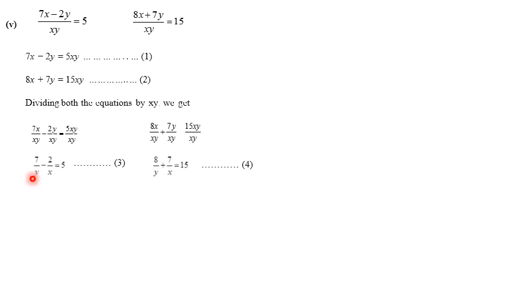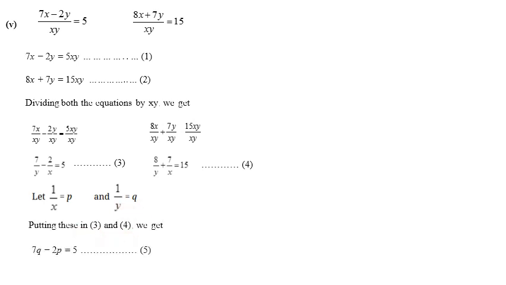Now these equations are somewhat familiar for us because we have solved this type of equations in the previous questions. Go for the assumptions like 1 by x is equal to p and 1 by y is equal to q as before. Just substitute this in equation number 3 and 4. Here a little bit of confusion will be there.